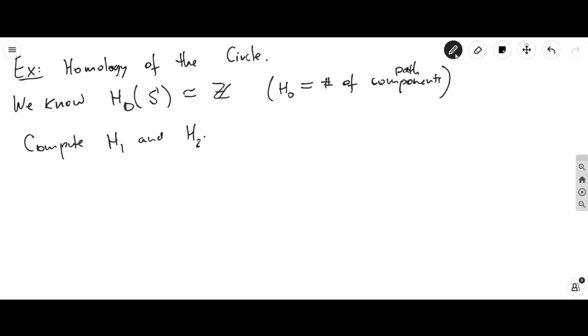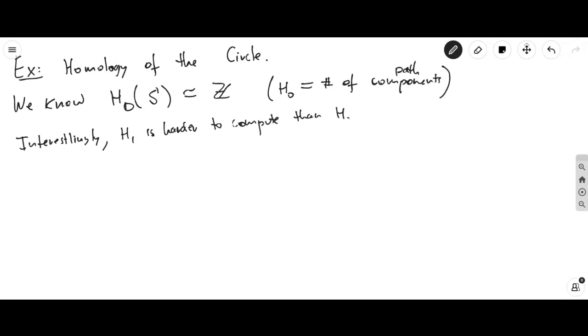So let's start with the first homology of the circle. And interestingly, H1 is harder to compute than H2 in this example. In other examples, it might be different.